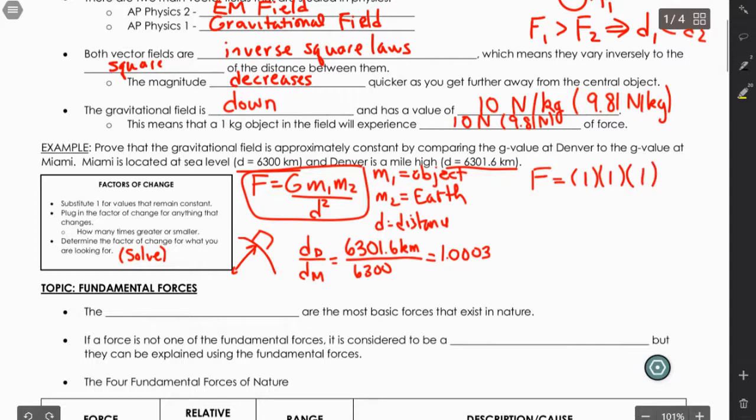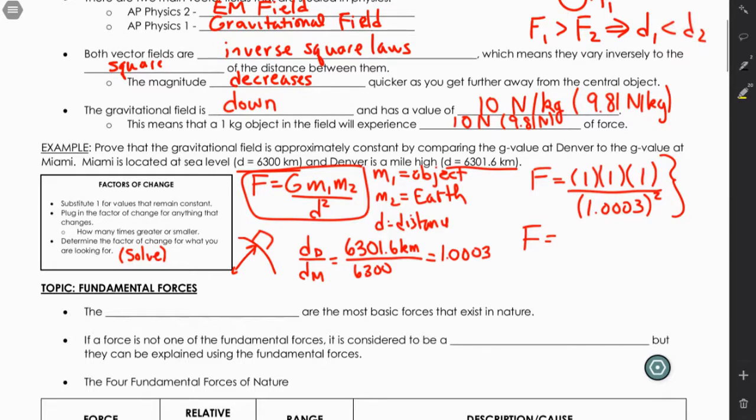The Earth also doesn't change. Then I take the ratio I found, because this is the factor that changes, the ratio of those two distances. The number that comes out of this is my factor of change.